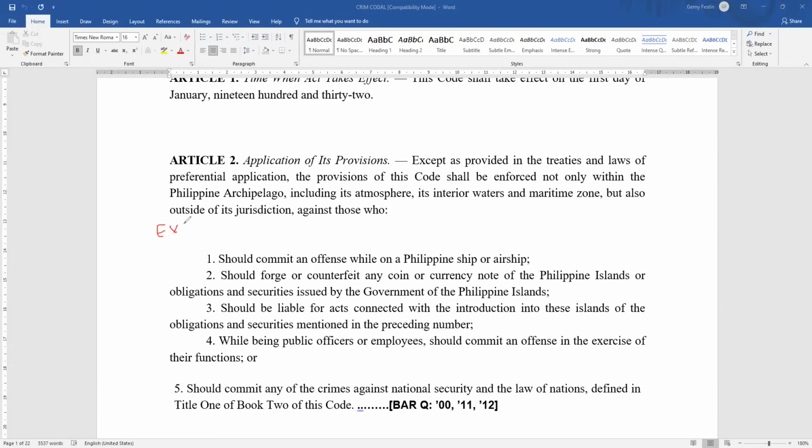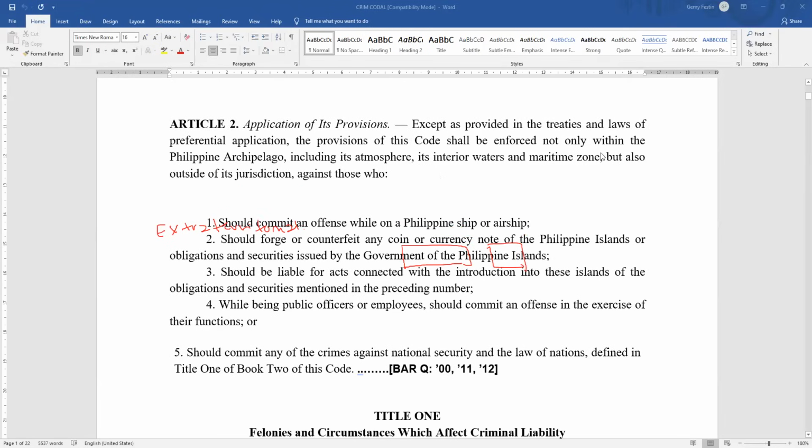Extraterritorial application, ibig sabihin, crimes committed outside the Philippine territory. So how would you know that that particular vessel is a Philippine ship or airship?